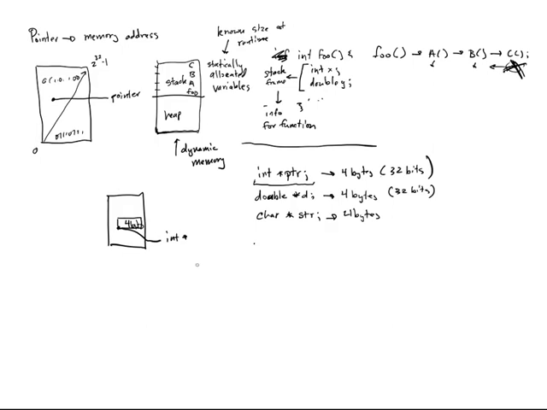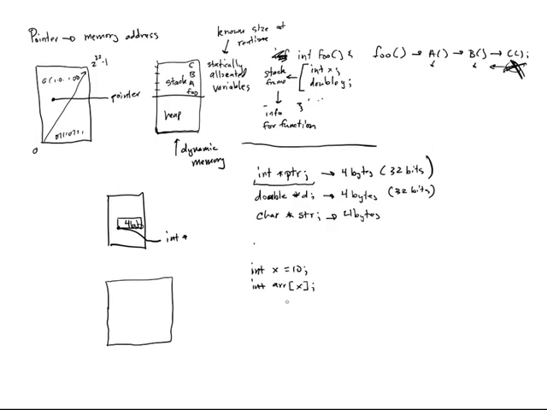If we were actually going to create an array of integers, dynamically sized, we couldn't do something like this. We couldn't do int x equals 10, and then int array of x.